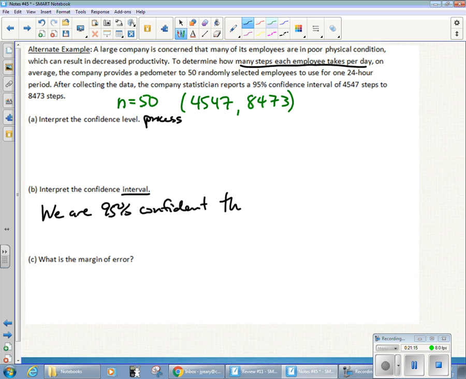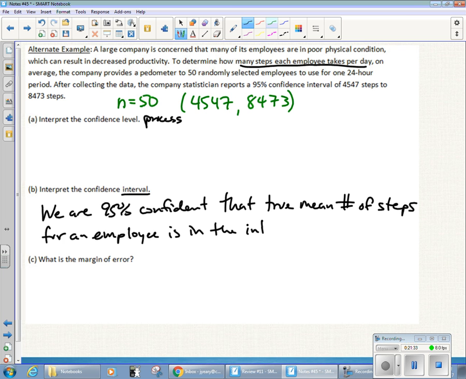So confident that the true mean number of steps for an employee is in the interval 4,547 to 8,473. Same exact interpretation as before. You guys are going to dream this in your sleep by the time it's over. You can thank me later for that.